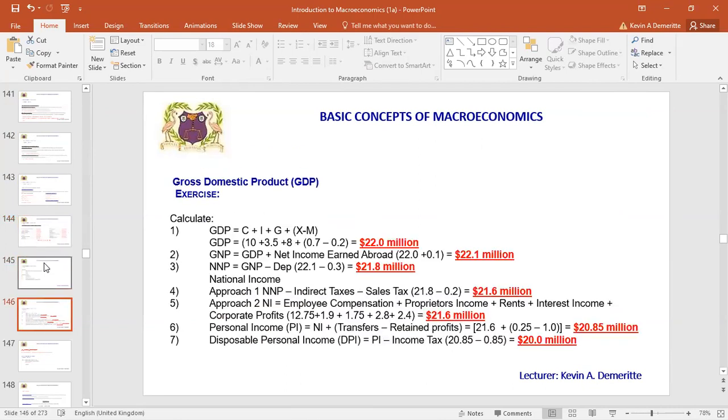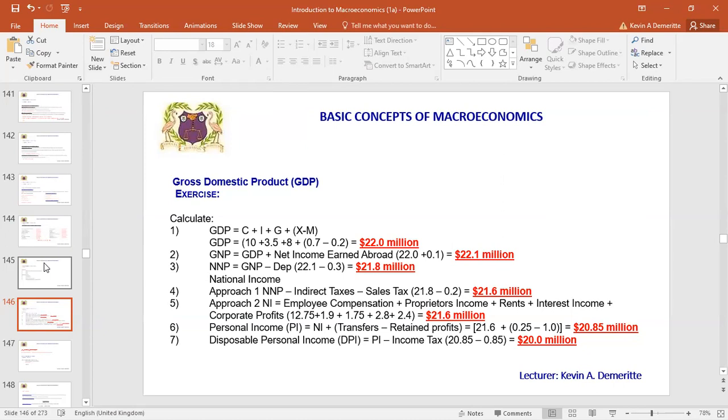So let's see, we slip that into our calculation. So our first approach to national income: we calculated net national product before, and we subtract from that our sales tax of 200,000, and we end up with a total of 21.6 million for our first calculation for national income.